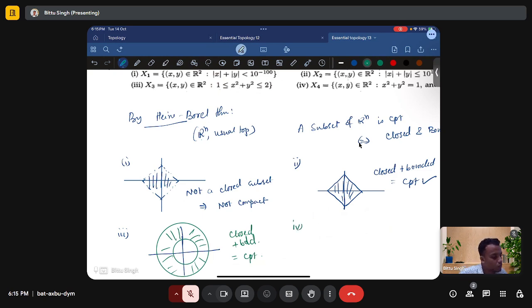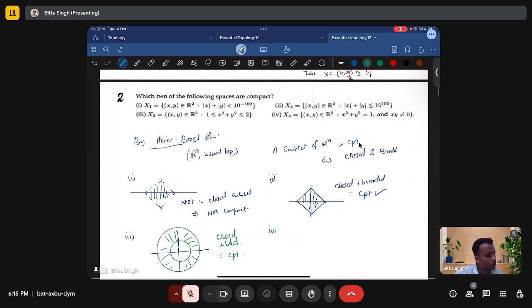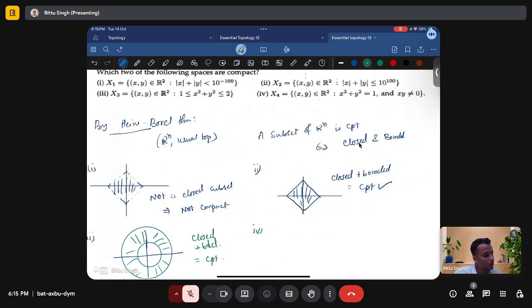Now for option 4, here x square plus y square equal to 1 and xy non-zero. It means it will be the circle, but xy non-zero means we need to remove the parts which lie on the x-axis and y-axis.